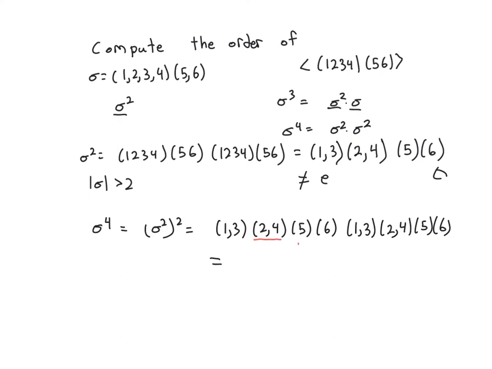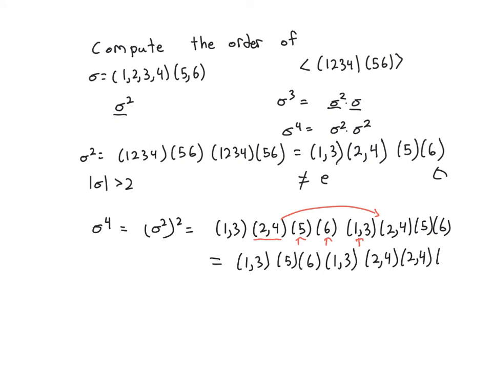So since the 2 4 doesn't involve any of these elements, I can bring the 2 4s together. Oh, and guess what? 2 4 is its own inverse, so that cancels.